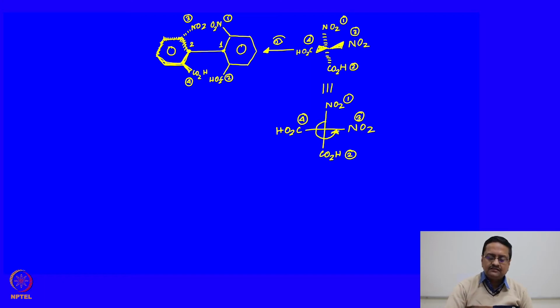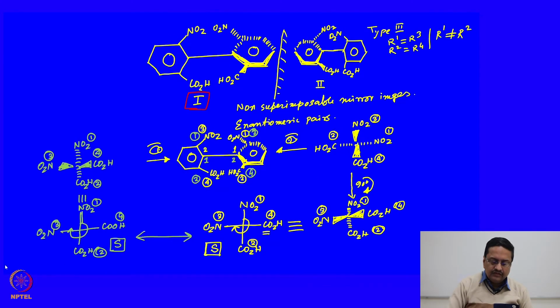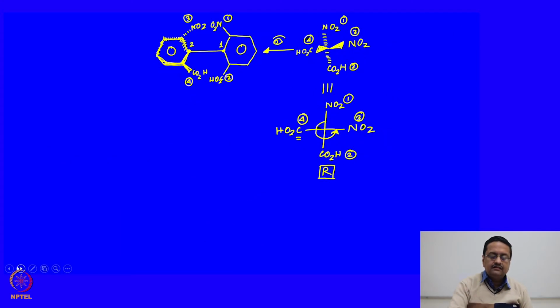So, this should be S, but the fourth group is in the horizontal line, so the designation of this compound should be R. If we quickly go back to the previous slide, we can see that enantiomer 1 was found to be S, and in the next slide we find that enantiomer 2 has absolute configuration R. Therefore, the mirror image is an enantiomerically pure compound.